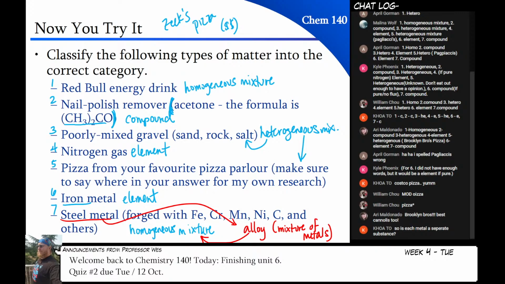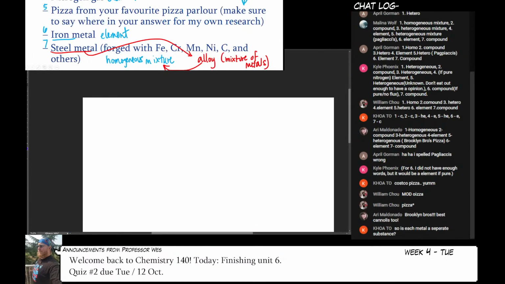Is each metal a separate substance? In an alloy, not necessarily, though if you zoom into the atomic level, it would look kind of like... how do I want to describe this without drawing a picture? I know. Let's draw a picture. So it would be kind of like this.